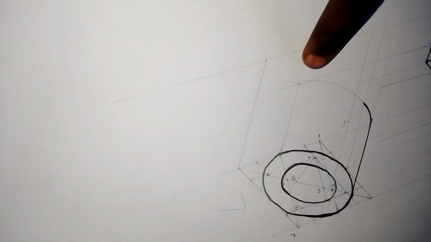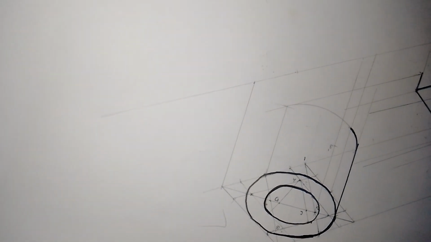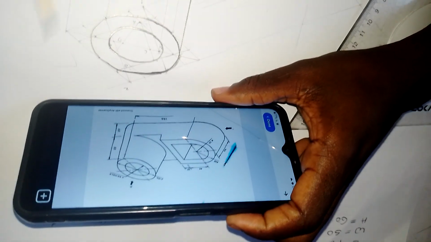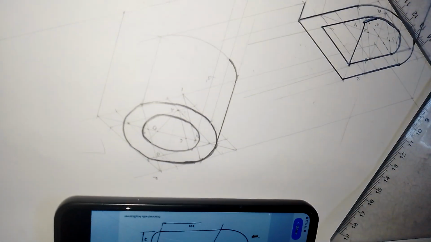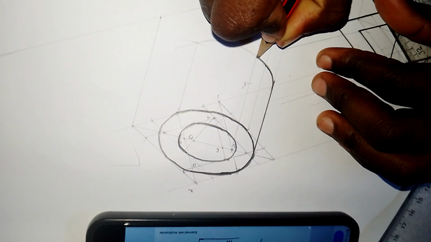You leave it at this point when it touches the line. So when it touches the line, you leave it at that point. Do not extend it. So our curve will be up to here. So let me draw that using HB. It will be this way.